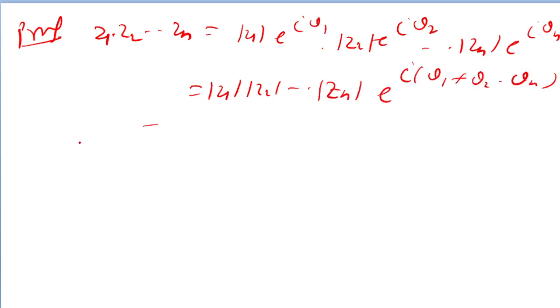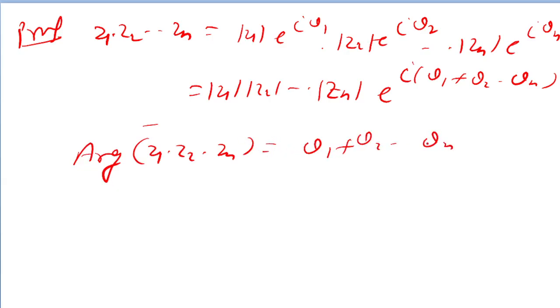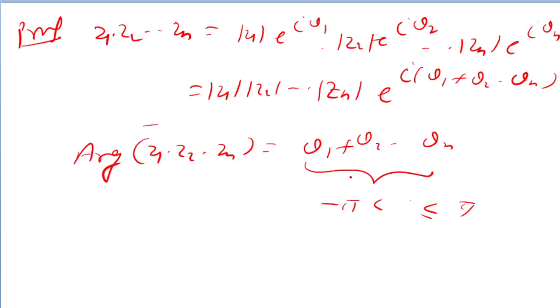If we talk about the principal argument, the principal argument of z1 z2 up to zn is theta 1 plus theta 2 up to theta n. But the problem is that the principal argument should lie from minus pi to pi.